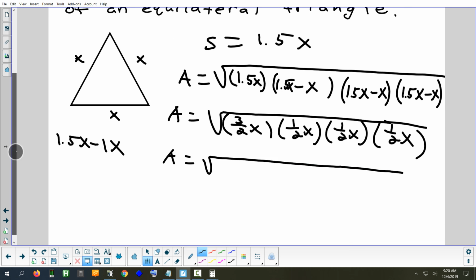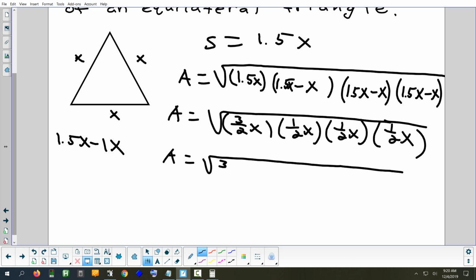And that'll make it look, I think, a little simpler. 3 over 2 times 1 over 2 times 1 over 2 times 1 over 2 times x times x times x times x. It's exactly the same thing, we just changed the order.